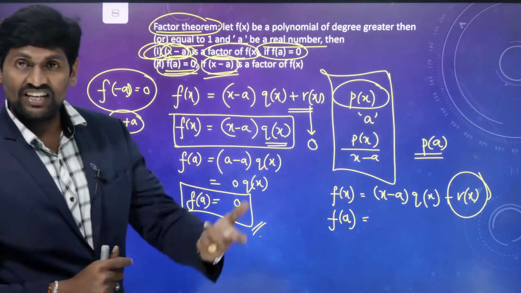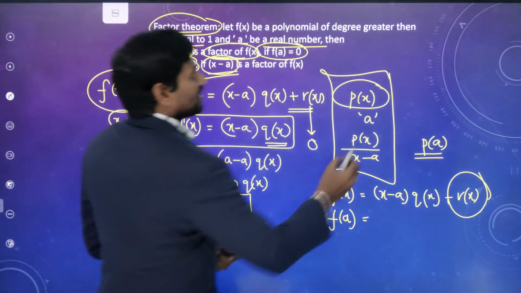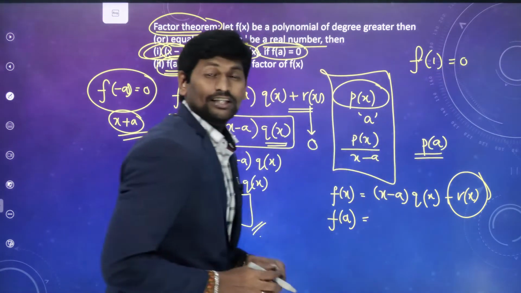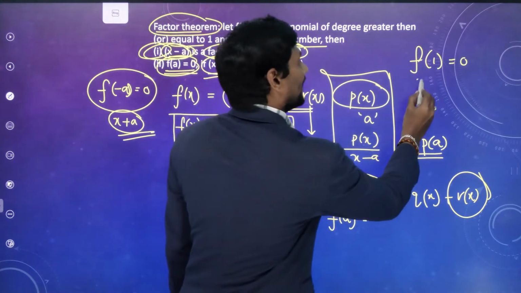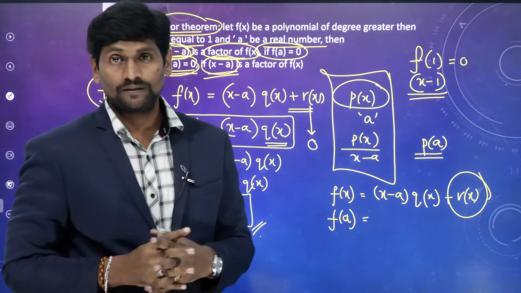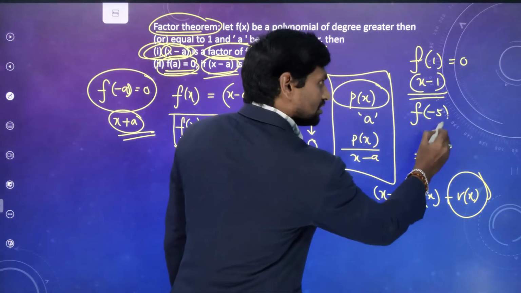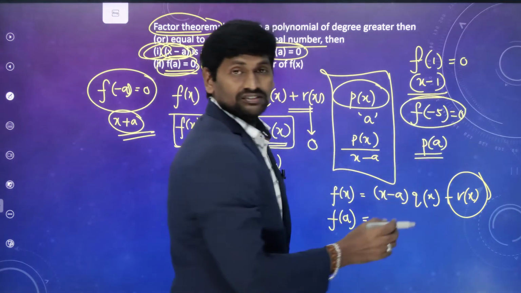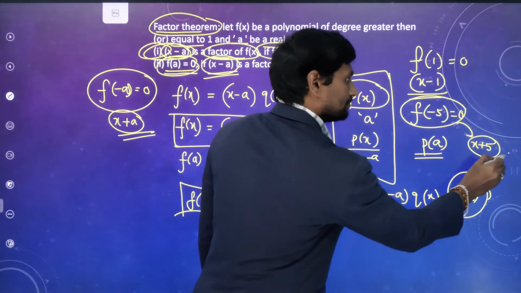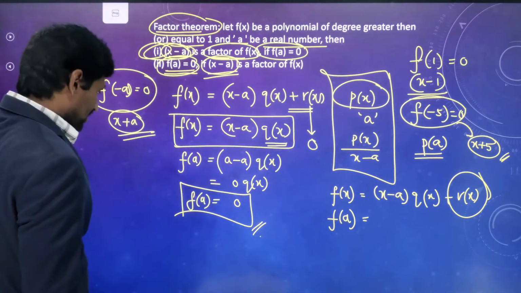F of minus a is 0, then x plus a is a factor. Same way, if f of 1 is 0, then what is the factor? X minus 1 will be the factor of the given polynomial. If f of minus 5 is 0 here, in this case x plus 5 will be the factor. Got it now? Right. So this is about the factor theorem.